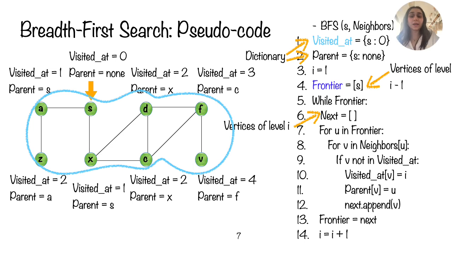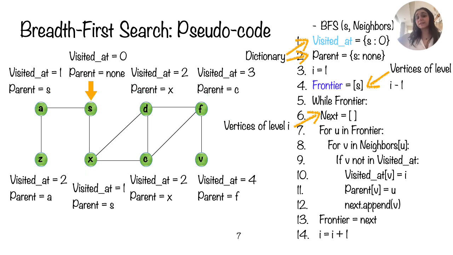The frontier is going to be empty, and you just exit the loop. You've visited every vertex in your graph, and now you have this dictionary that tells you when you visited this vertex and what is the parent of this vertex. And what's nice about this dictionary is we're going to be using it to compute a shortest path.